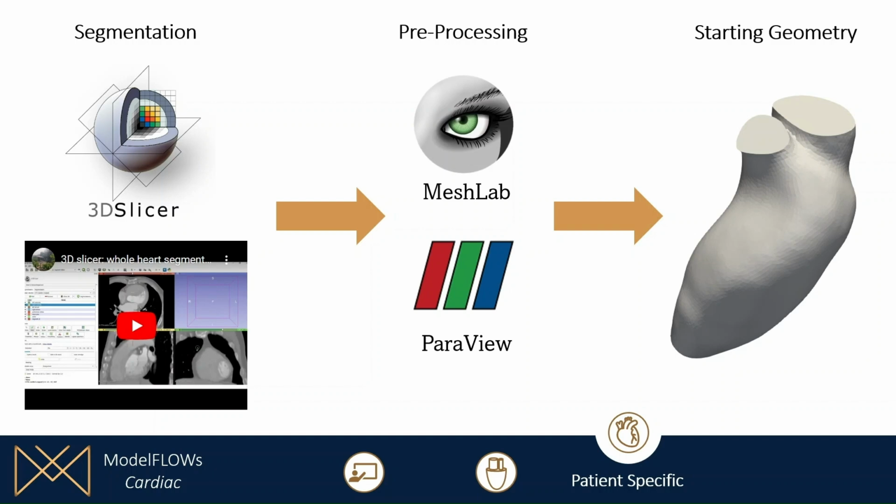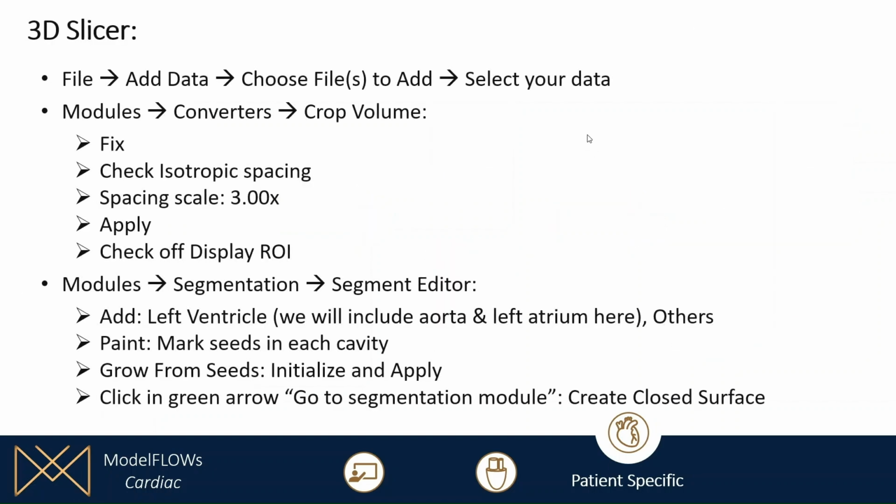As I said, first we need to do the segmentation on 3D Slicer, and I will leave here on the slides a step-by-step tutorial, but I will go through it on my own in the app after I mention three general ideas.